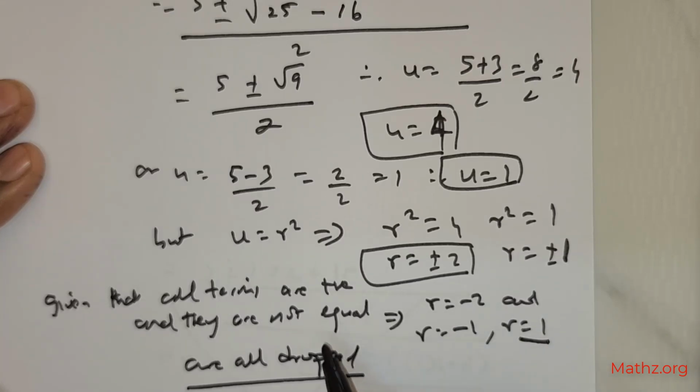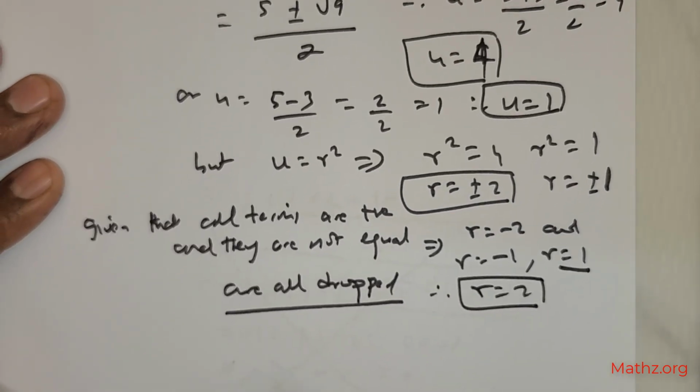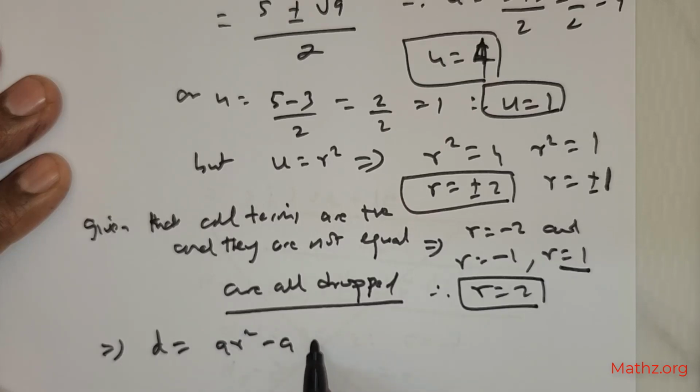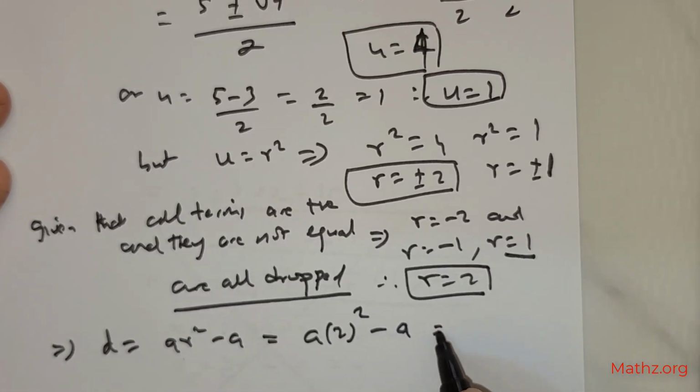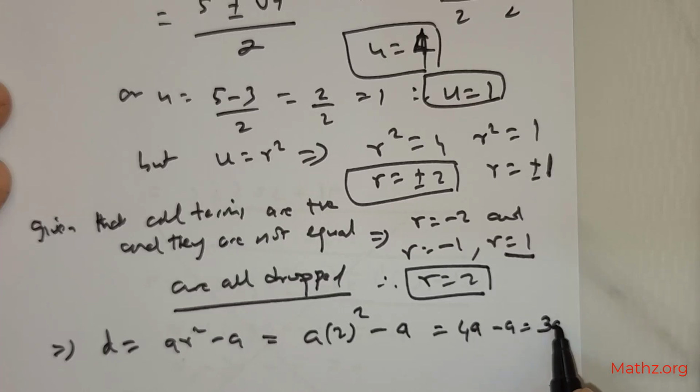And R equal to 1 is also not possible, because they are not equal. So therefore the value of R is equal to 2. Okay, so this in turn means we got the value for D. D is A times R squared minus A, which is nothing but 2 squared times A minus A, which is 4A minus A, which is equal to 3A.